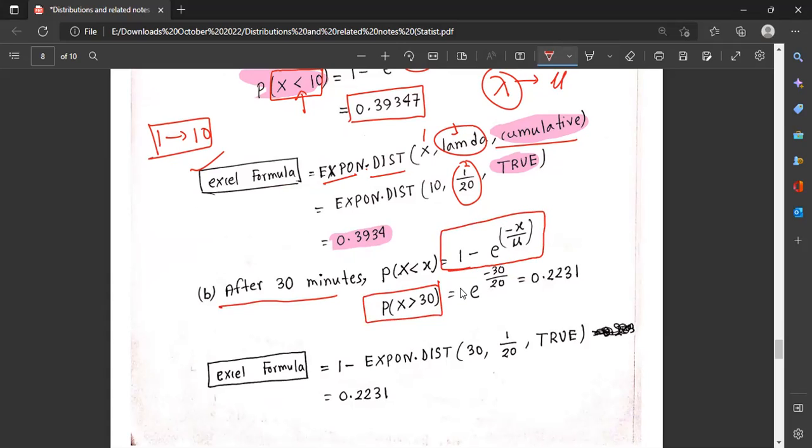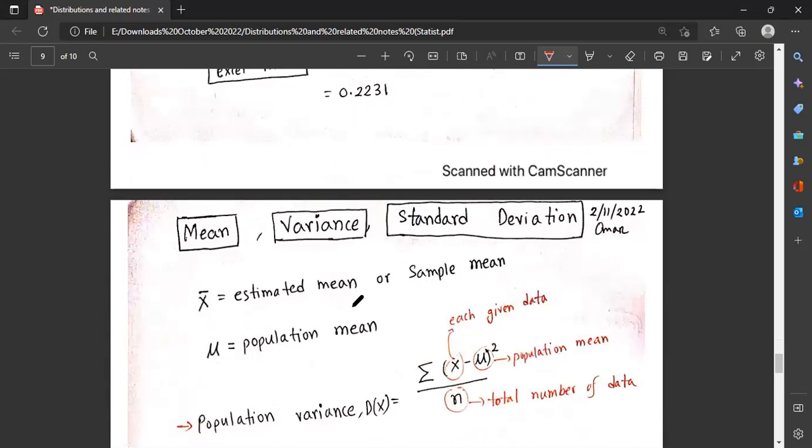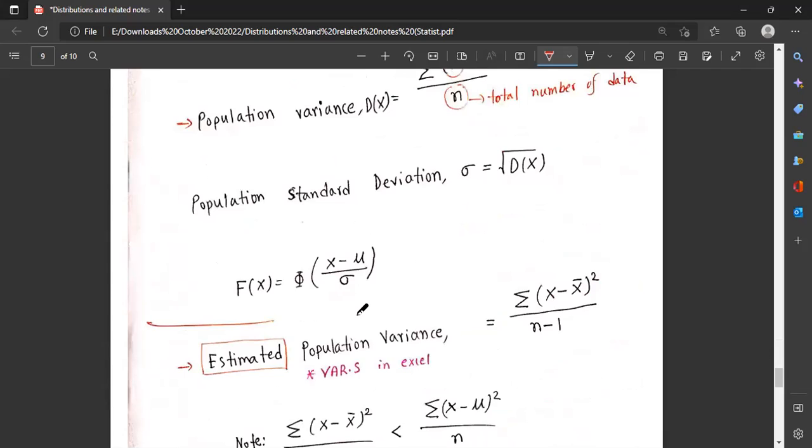I forgot to write 1 minus. Here x is 30 because we are interested in 30 minutes, and mu is already given as 20. So the answer is 0.02231. Here we also have the formula for Excel. So we have finished the distribution part.